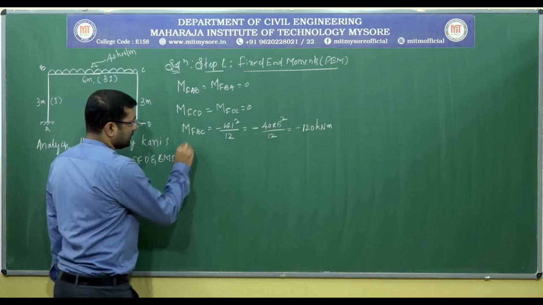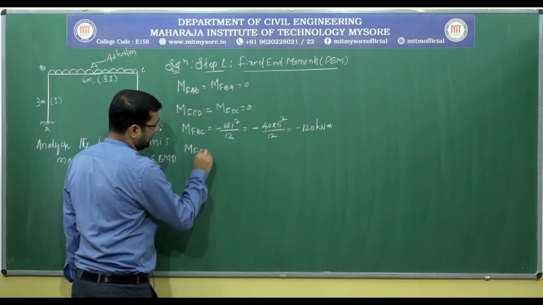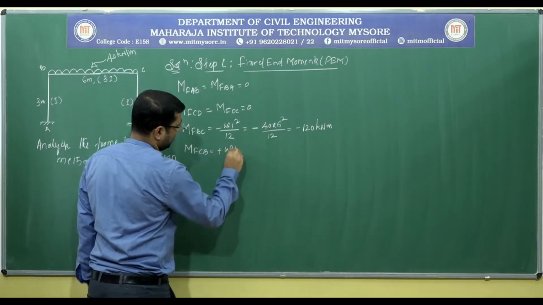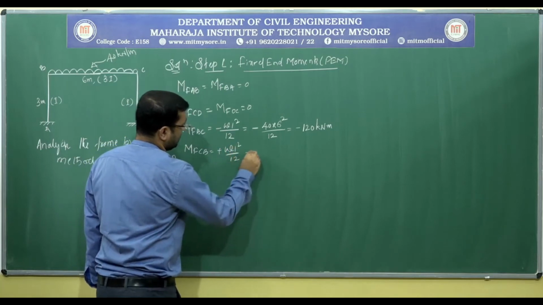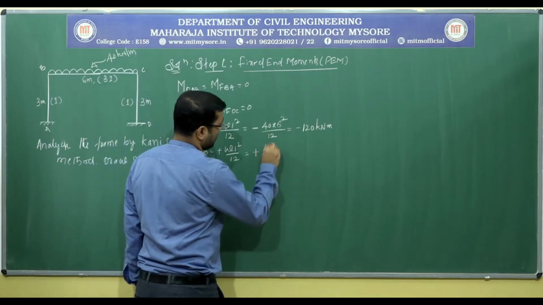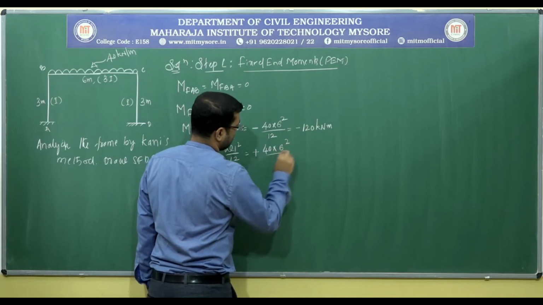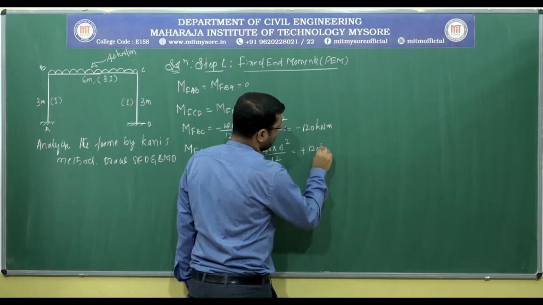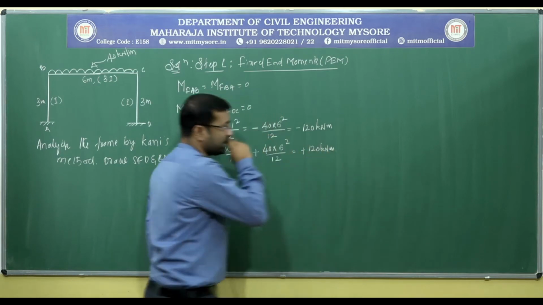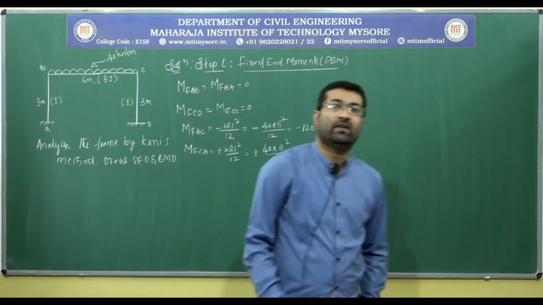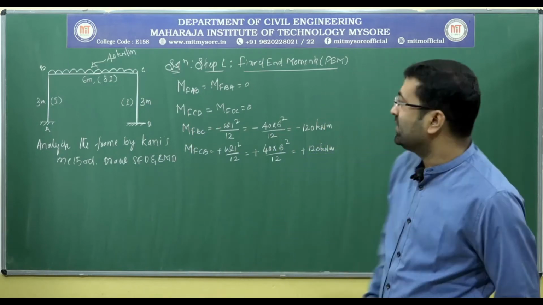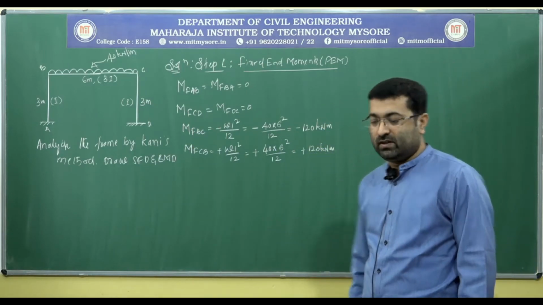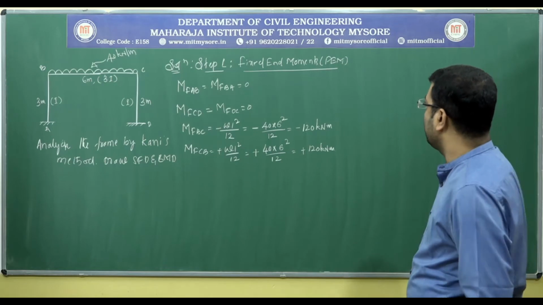Similarly, MFCB is plus WL square by 12, so here it is 40 into 6 square divided by 12, which is plus 120 kilonewton meter. So these are the fixed end moments for the frame. This completes step number 1.